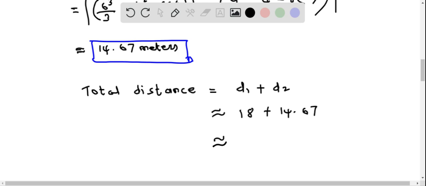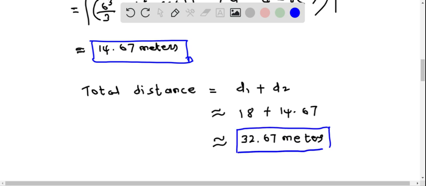When we add these two, we get approximately 32.67 meters. So therefore, the total distance traveled by the particle in the interval from t equal to 1 to t equal to 6 seconds is 32.67 meters.